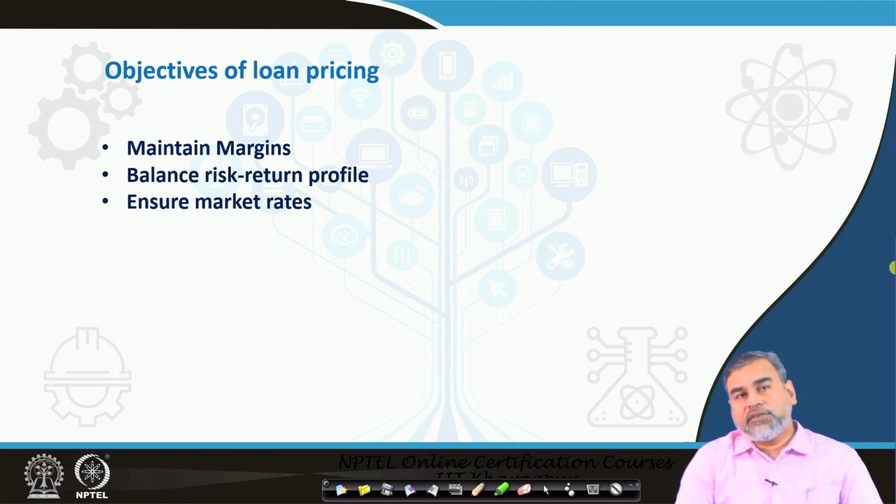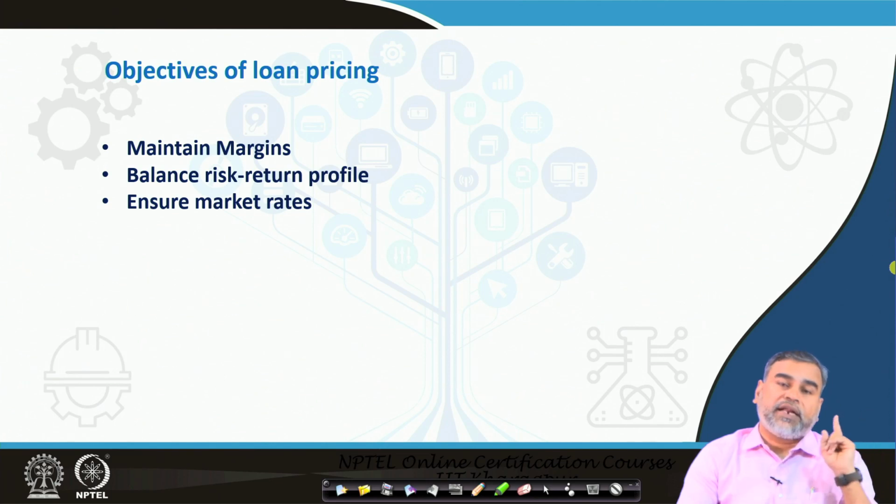Another thing is that they have to ensure that the loan pricing is in accordance with the market interest rates prevailing at that particular point of time. That means the market rate cannot be ignored and should be considered, but the loan price may be different from the market rate.